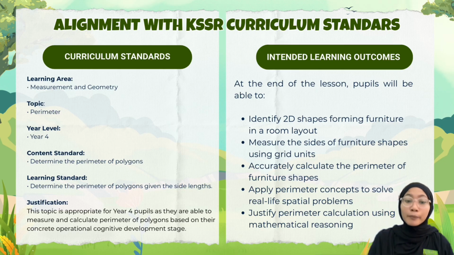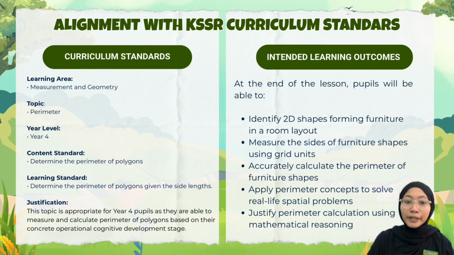Second, pupils will be able to measure the size of furniture shapes using grid units, which develops their measurement skills. Third, pupils will be able to accurately calculate the perimeter of furniture shapes, which directly achieves the main learning objective of the lesson.